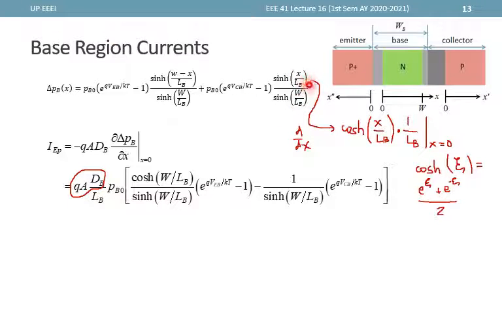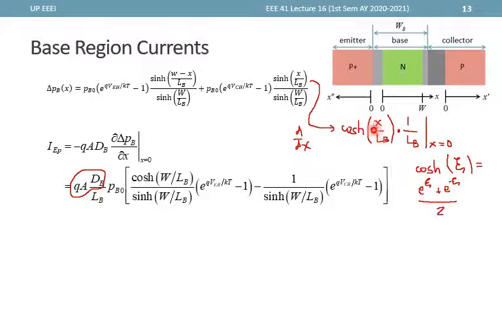So the derivative of this hyperbolic sine with respect to x is this hyperbolic cosine times 1 over LB by chain rule, although we need to evaluate it at x is equal to 0. So hyperbolic cosine is this function right here.